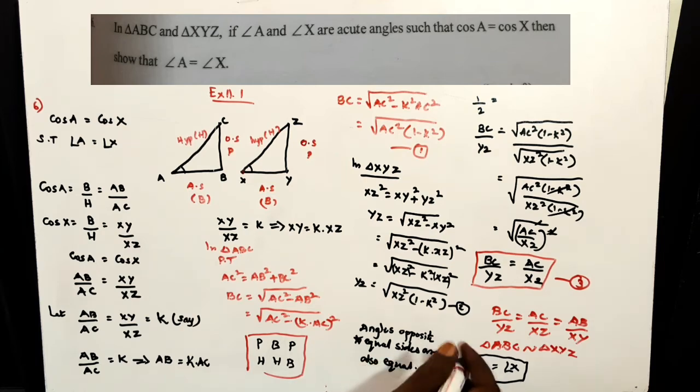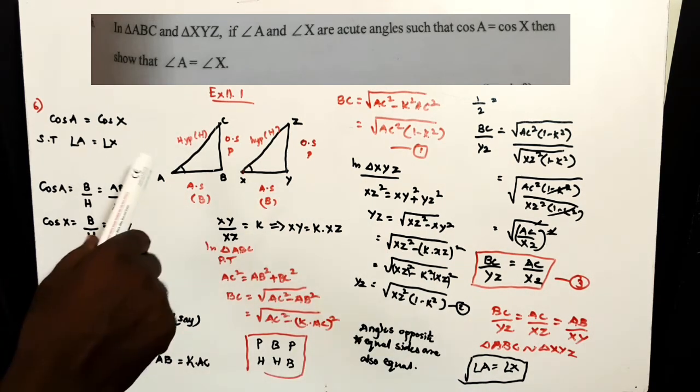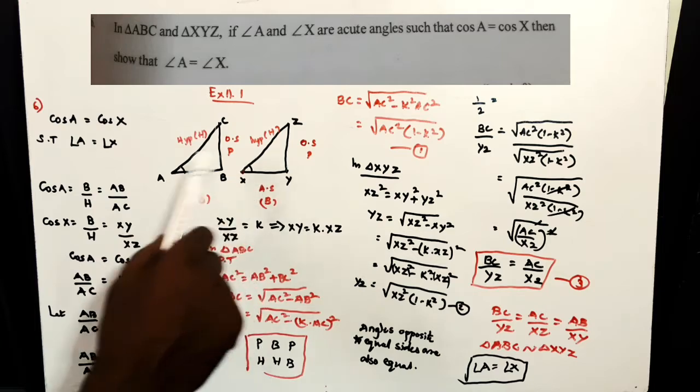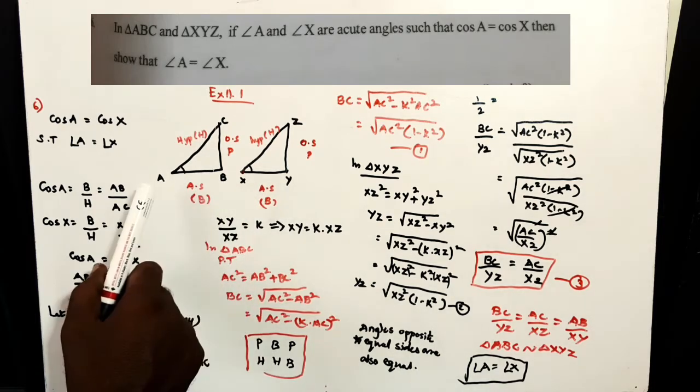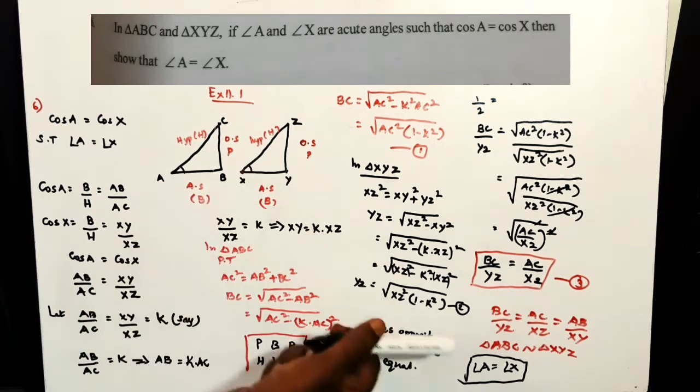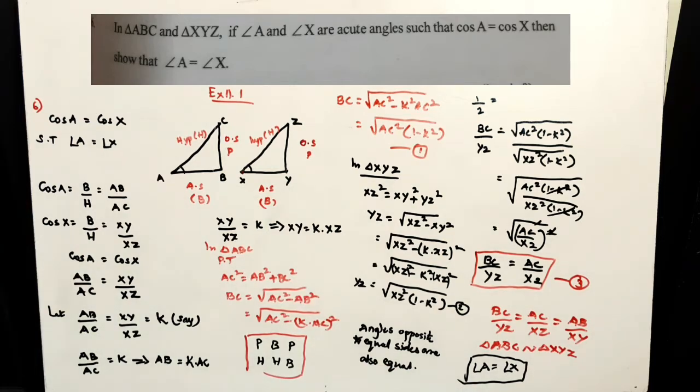This is a very important problem, because first of all you have to prove that the two triangles are similar. If they are similar, then their corresponding angles are also equal. In the same process we have done this problem. Okay children, pause the video and make a note of this problem.